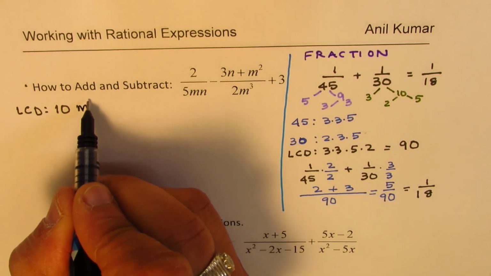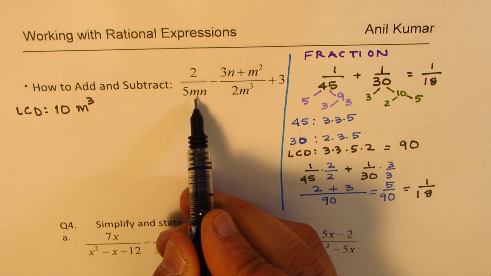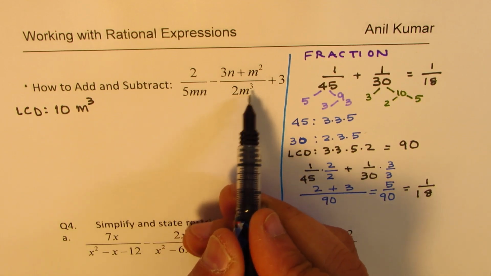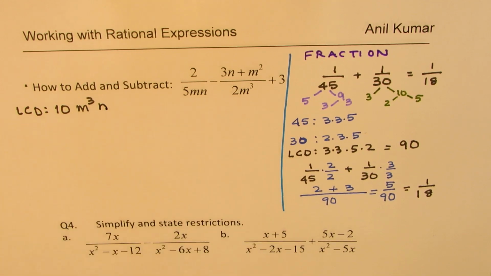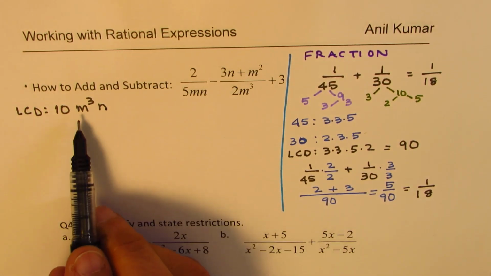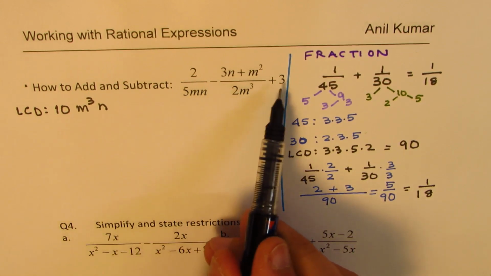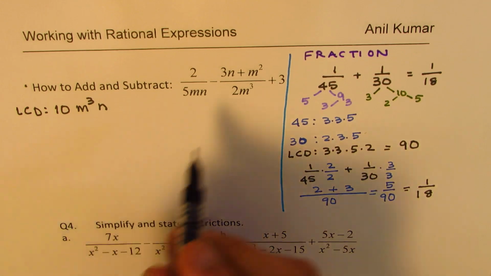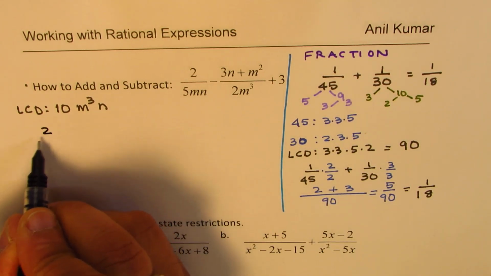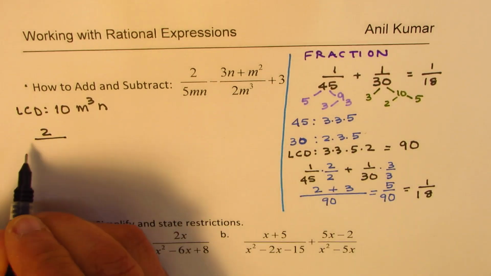So we'll take m cubed. Right? So this is already included. Once I take m cubed, n is not there. So we'll take n also. So that becomes our lowest common denominator. Now that really means that I have to write all the 3 terms with the denominator of 10m cubed n. We are given 2 over 5mn.